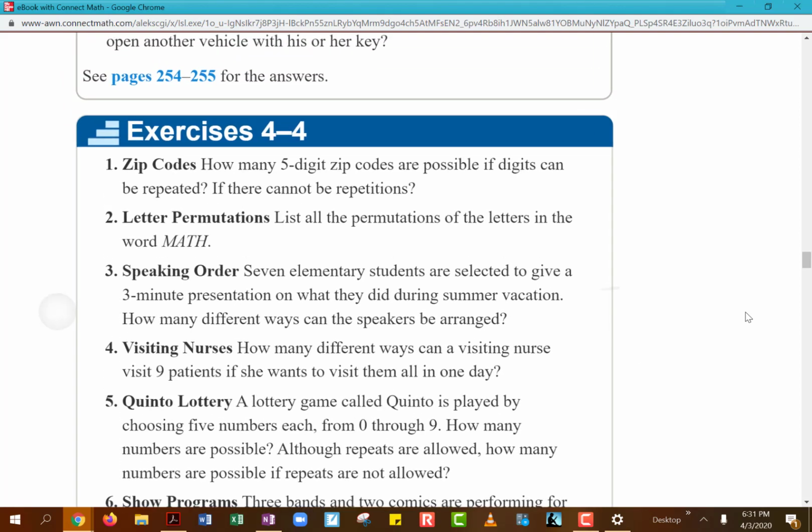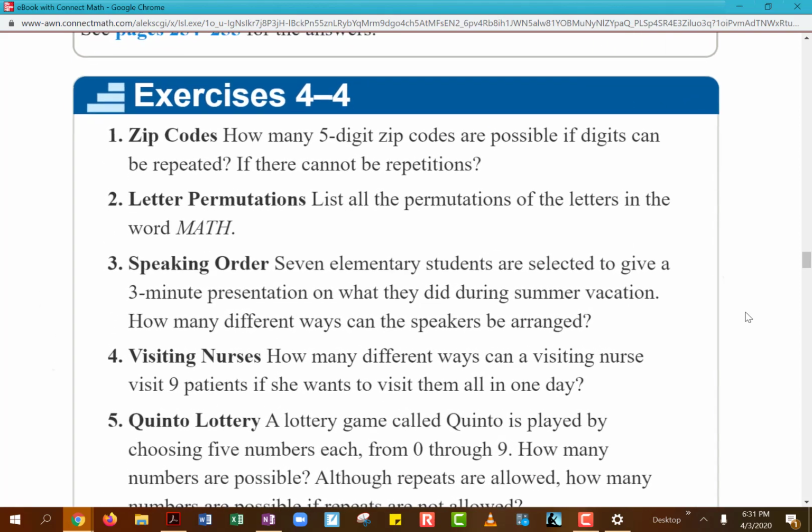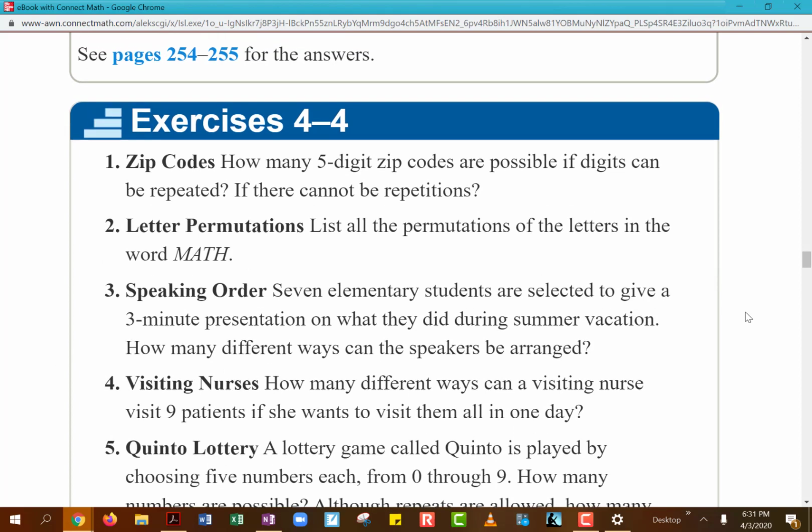So kind of like what we were doing with that example that had the word statistics, but in this case, they actually want us to list all the permutations, which means list in how many different ways you can arrange the letters in the word math, right? So that's of course 4 different letters in there.